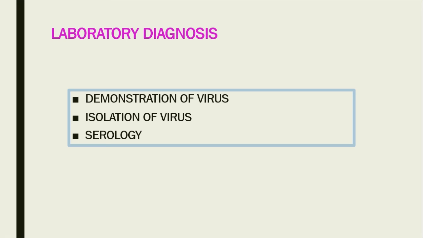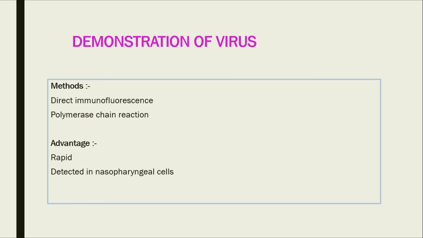Serological examination is quite easy because demonstration of the virus under lab conditions demands high intensity electron microscopes. We can demonstrate the presence of the virus by direct immunofluorescence or polymerase chain reaction. For direct immunofluorescence, we need an immunofluorescent microscope, and we can also do the polymerase chain reaction to track down the viral RNA particles.